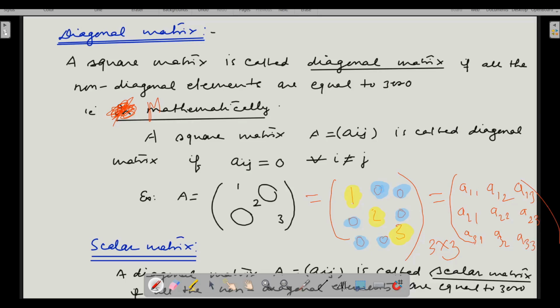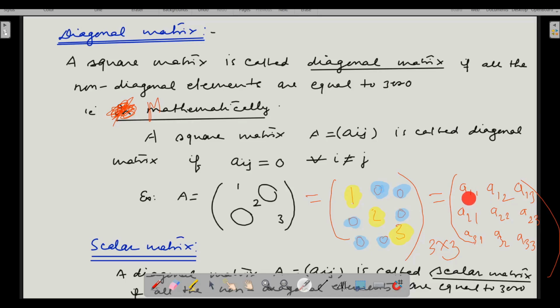So hopefully you got this. This is the first row. I represents the row number. So A11 is this element, A12 is this element, A13 is this element, and the 1 is the same because this is the first row. Only the column is changing, so 2 changes to 3.